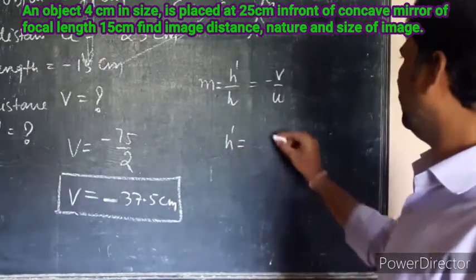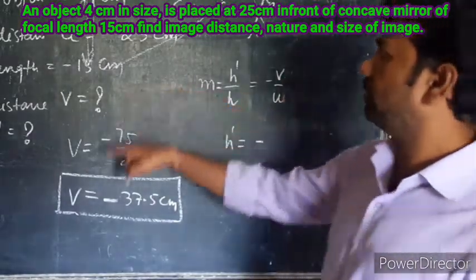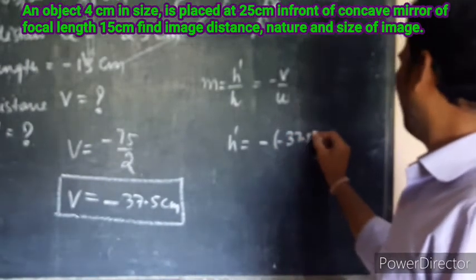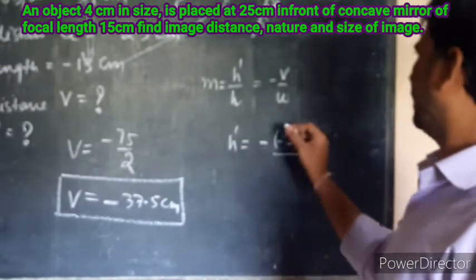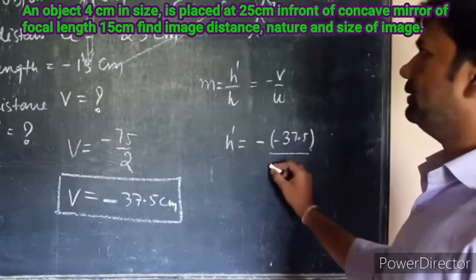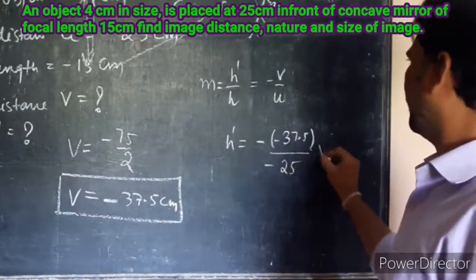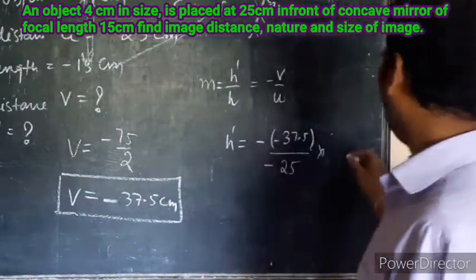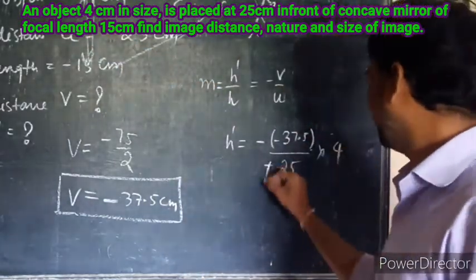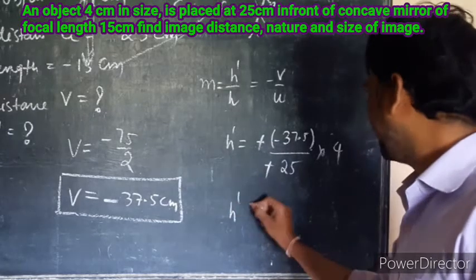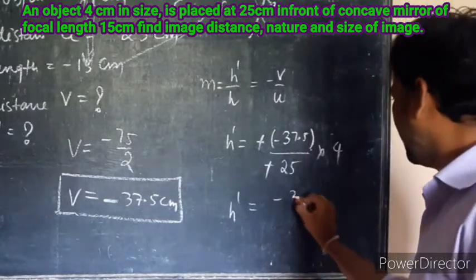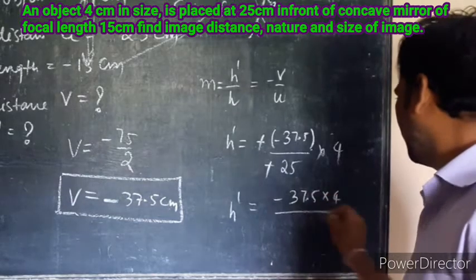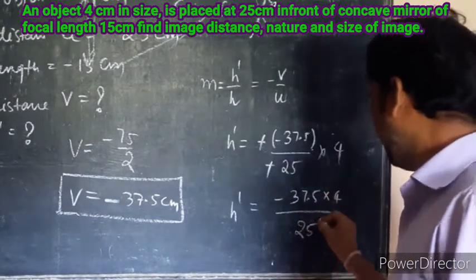This is equal to minus v, the value of v you got as minus 37.5, and u is minus 25, into h. Height of an object is nothing but 4. So this minus gets cancelled. h dash is equal to minus 37.5 into 4 divided by 25.